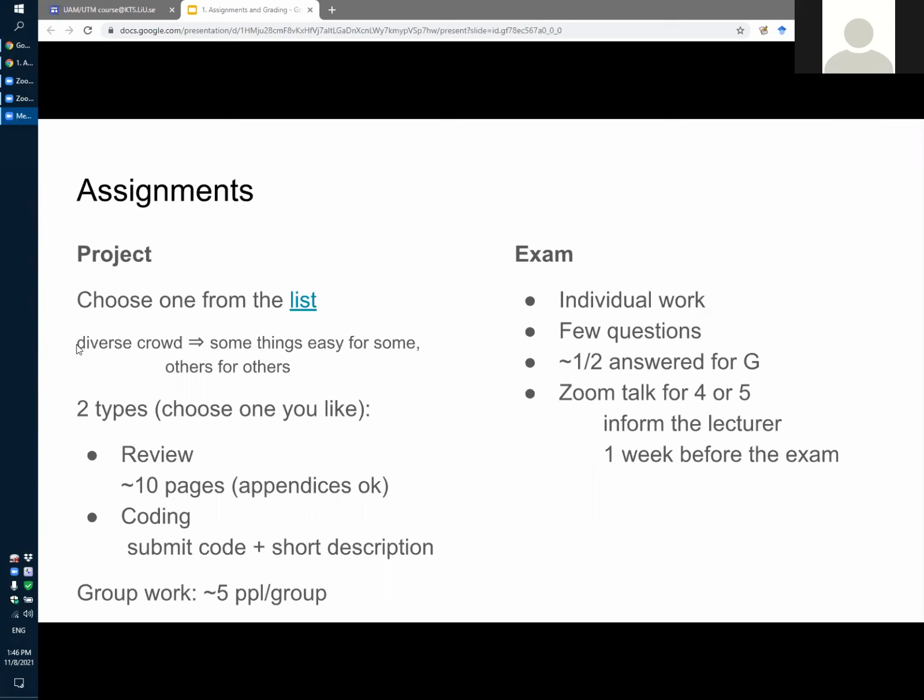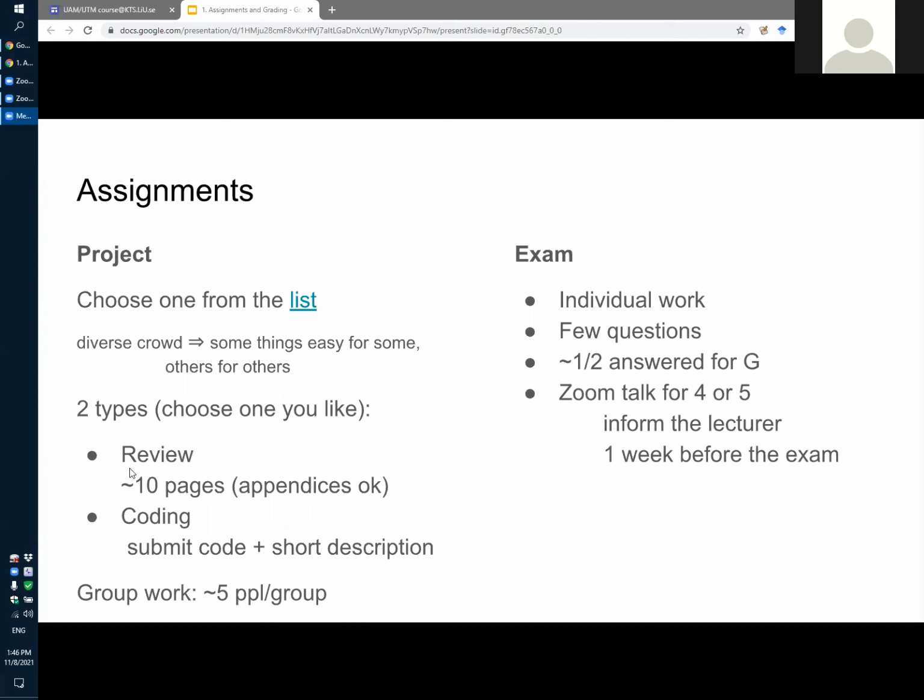I have some idea of the knowledge and interest of some groups, but I'm less sure about others. That was one of the reasons why I divided the assignments into two types, review and coding. But we'll see how many of you want to do the review and which projects, and how many will do the coding and which projects.